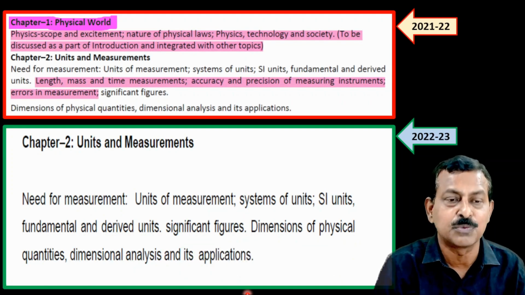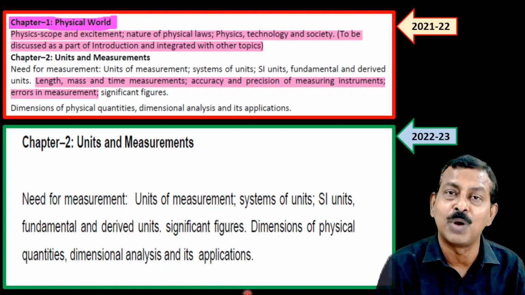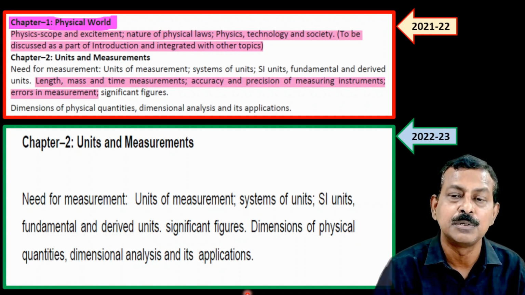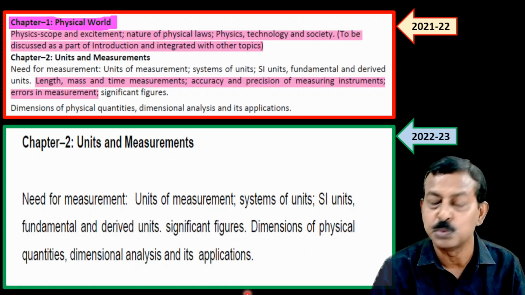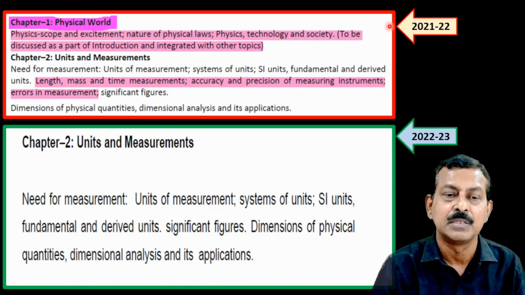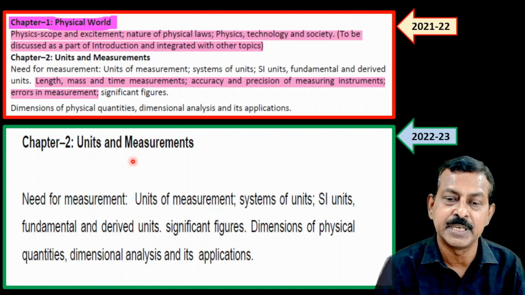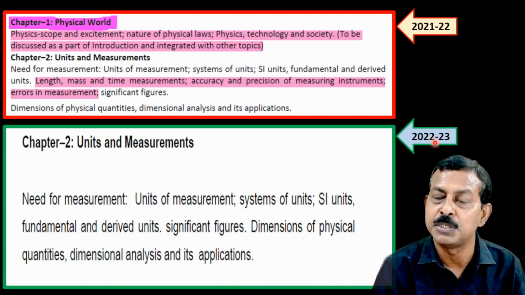So the first one, if you take physical world, here in the session 21-22, the upper one which we have shown is for the session 21-22, and the lower one is for the session 22-23.